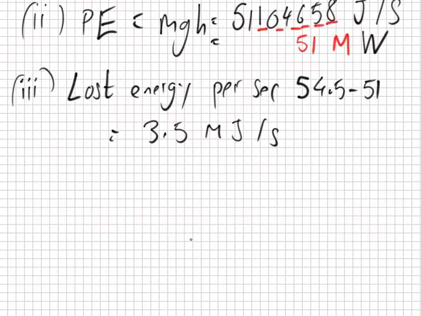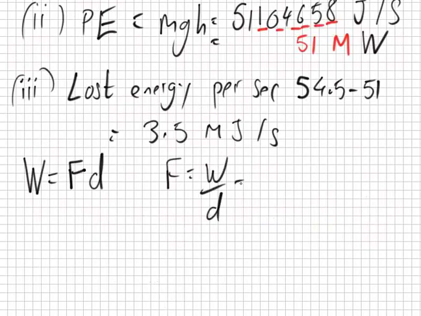So how can you change it? What formula could we use? Work, force, multiply distance. So force is work over distance. So if I take this 3.5 mega, it's not a work, it's a power, right? Yeah, you see, this is where you have to be careful.